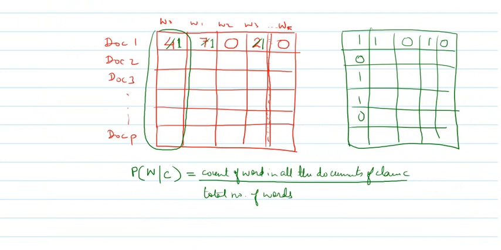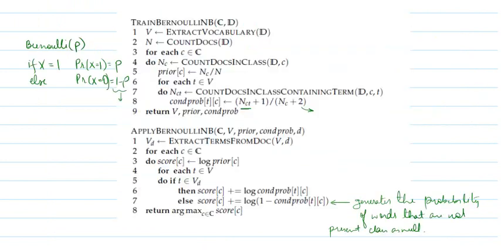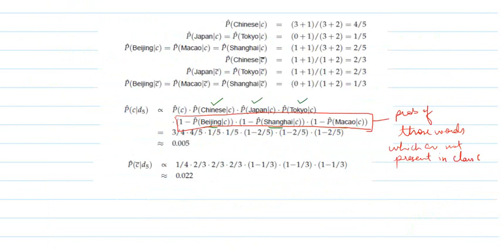If it is 40 or 400, it is considered as 1, and if it is a small value like 1, 2, 3, 4, it is also considered as 1, right? So that's why Bernoulli Naive Bayes is not a very good algorithm for text classification.